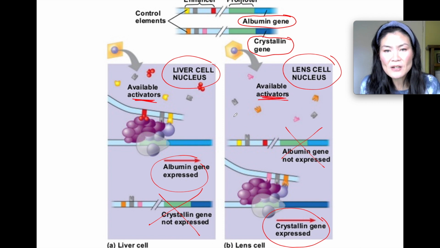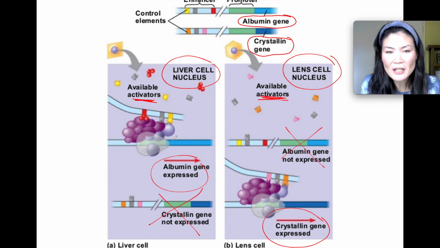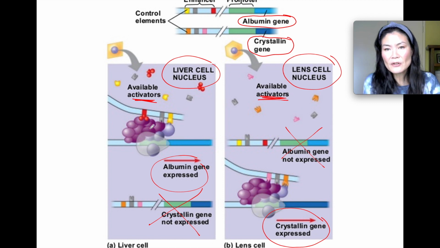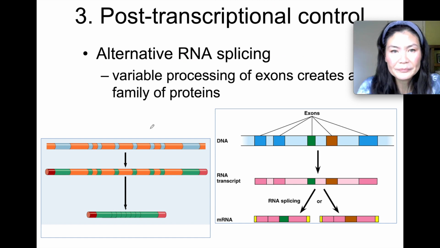These activators are going to bind to the enhancers near that gene, causing that gene to be transcribed, okay? So those enhancers near that gene are going to come together with activators and transcription factors and the RNA polymerase, and together they're going to work together to transcribe that gene that has to do with liver versus lens.